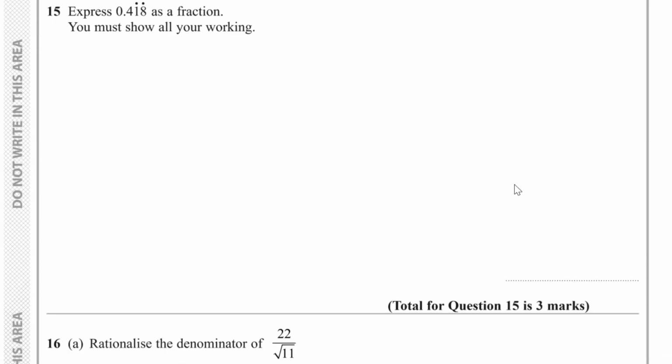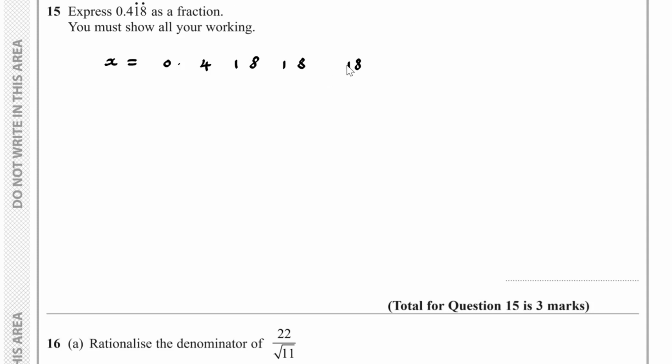Question 15, we have to express 0.418 recurring as a fraction. You must show all your working. Well, if we let x equal 0.418 recurring, so the 1 and the 8 are repeating.